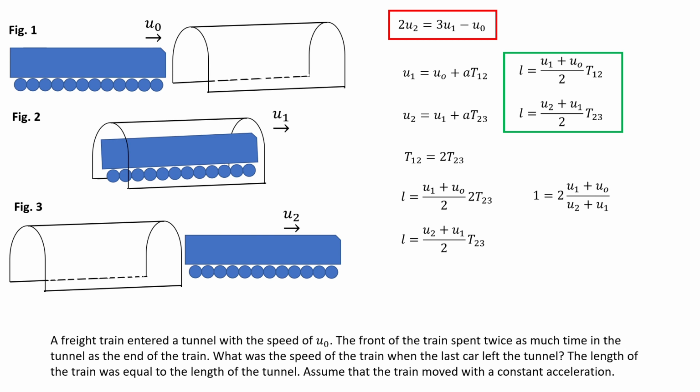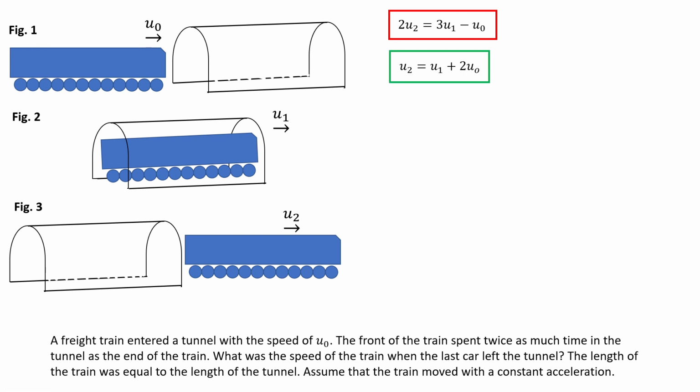So the only variables we have now is u0, u1, u2. Okay? Now we're going to multiply both sides of this equation by our denominator, u2 plus u1. This is what we're going to get. And again, we're going to clean this thing a little bit up. So we're going to take this u1 and move to the other side. And this is what we're going to have. All right?